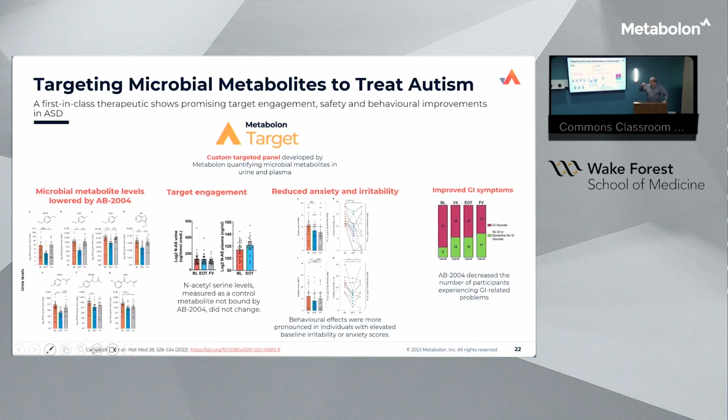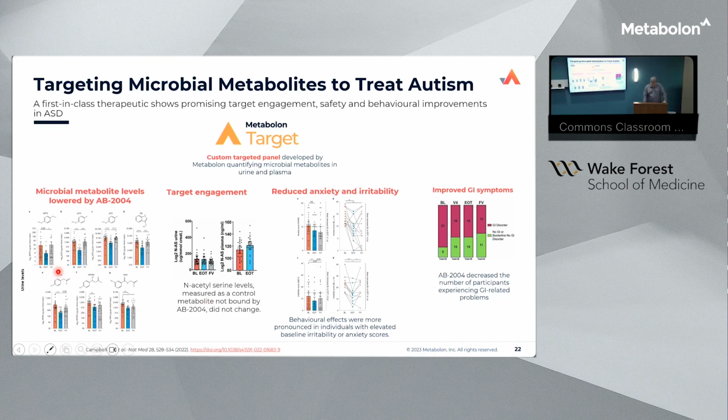They wanted it specifically for this clinical trial because their drug, AB-2004, doesn't block any enzymes and doesn't interfere with the biology. It actually absorbs aromatic metabolites. So it was an intervention study focused specifically on these aromatic metabolites, seeing that the drug can bind those and they are then excreted from the body.